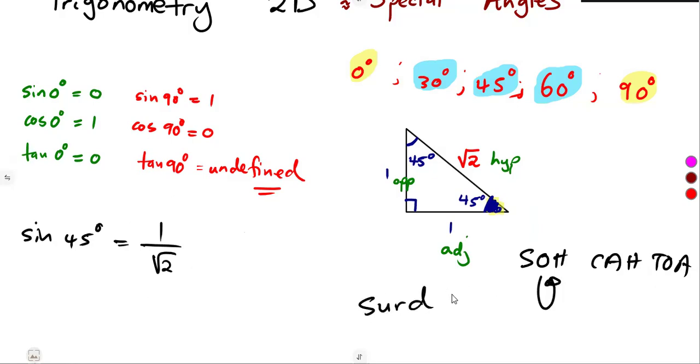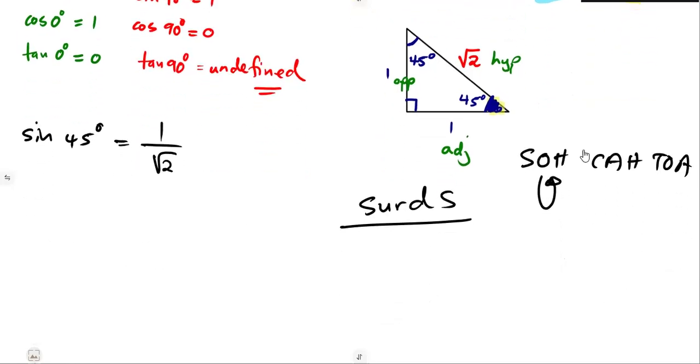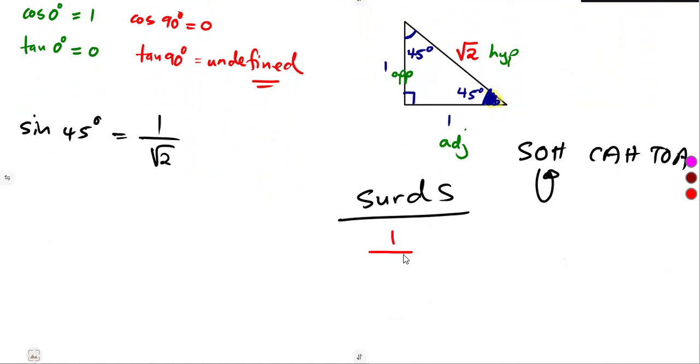Remember, we dealt with the surds, so we can rationalize the denominator. How do we rationalize this? All right, so it follows that if we are given this from surds, 1 over square root of 2, we rationalize by multiplying by the square root of 2, both the numerator and the denominator.